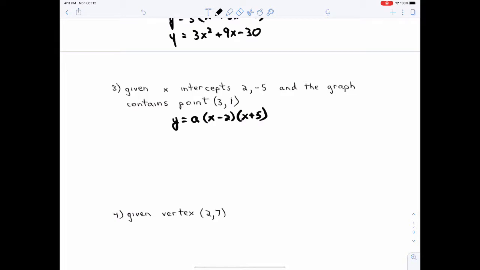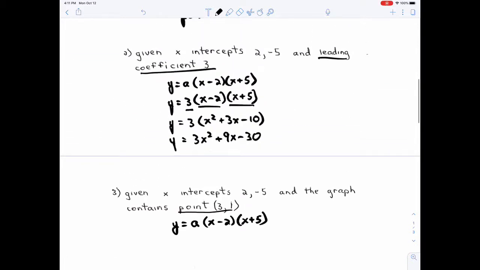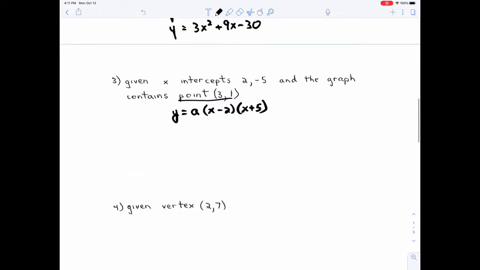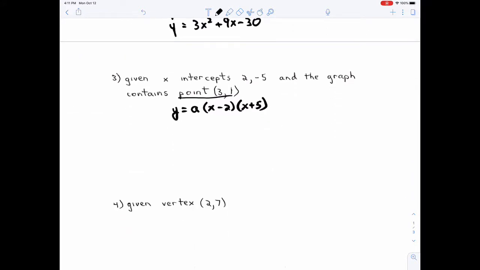But here, once I give you something extra, okay, you can't pick what a is. Once you've fixed something else other than those x-intercepts, you have to figure out what a is, just like up here, I told you what a was in number 2. Here I didn't tell you what it is, but I gave you something extra.